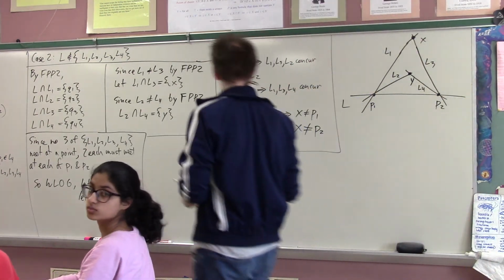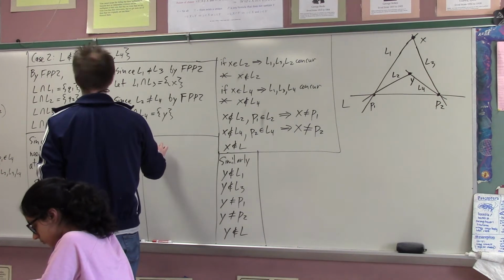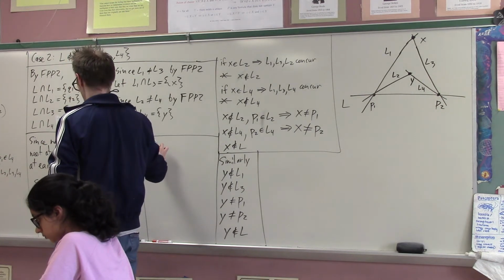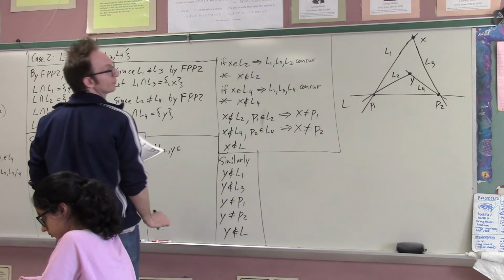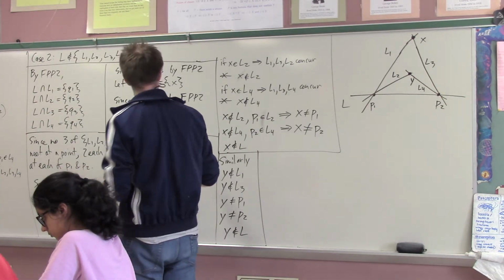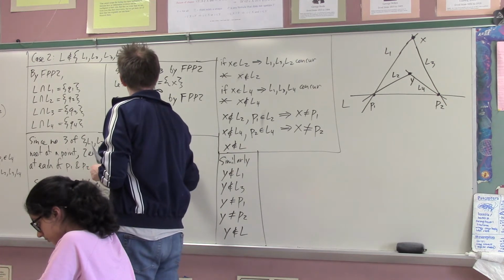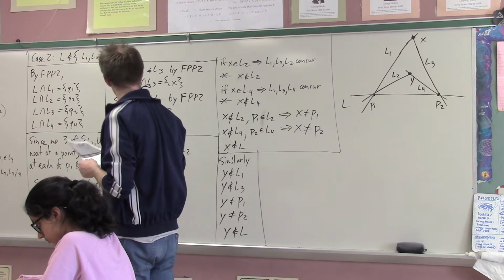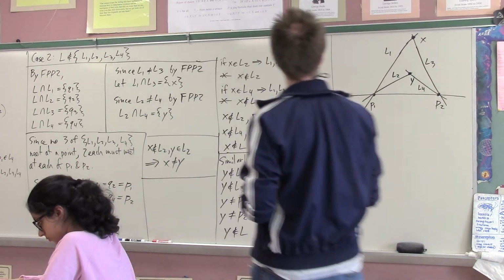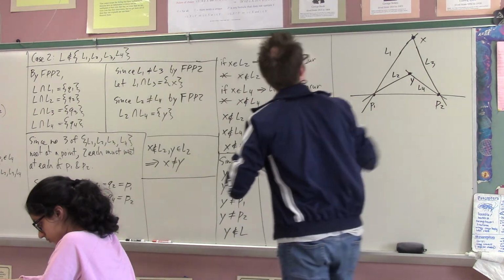Well, x is not on L2, but y is on L2, right? Is that right? Right. Conclusion, x is not y. And also, since x is not y, there's another line through x and y.